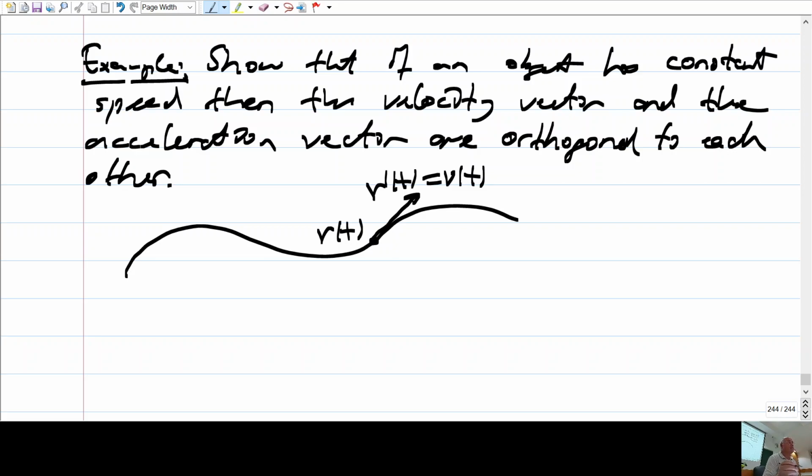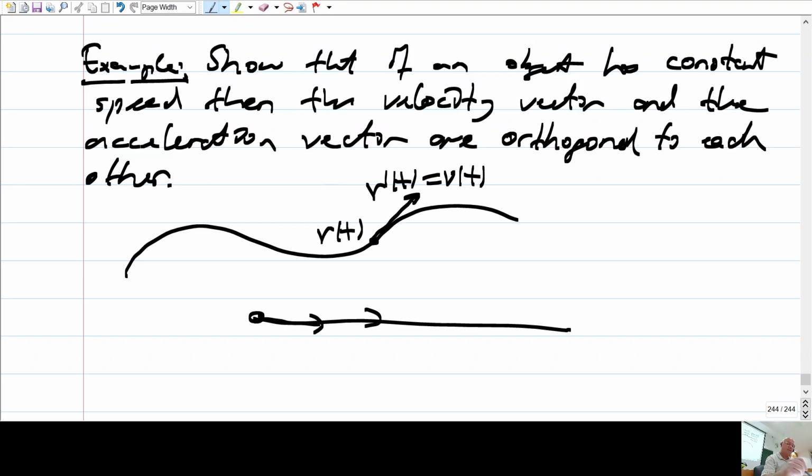In general, the acceleration vector doesn't have to be perpendicular to the velocity vector, right? If you just pull an object with a force, then the acceleration vector and velocity vector are in the same direction, right? If you have a falling object, both vectors are just in the negative z direction, both velocity and acceleration.